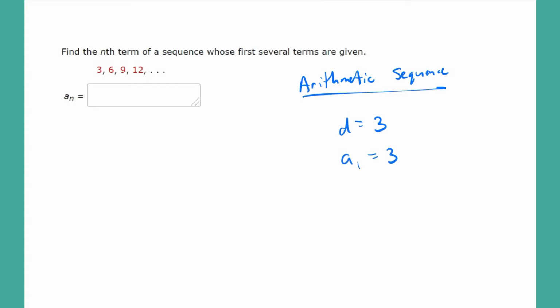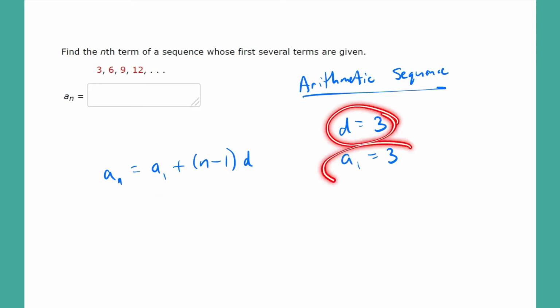And the formula for the general term of an arithmetic sequence is given by this formula. The general term is equal to the first term plus n minus 1 times the common difference. So all we have to do is substitute these two values in for d and a sub 1, and that will give us an nth term.